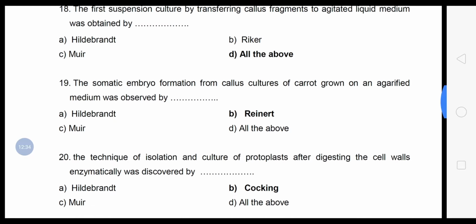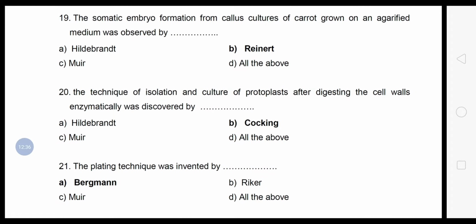The somatic embryo formation from callus culture of carrot grown on an agarified medium was observed by Reinert.